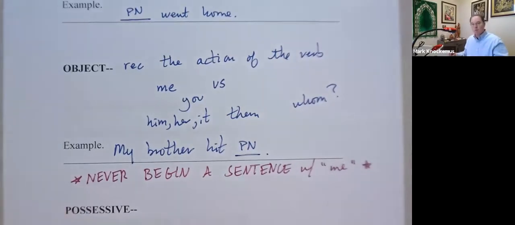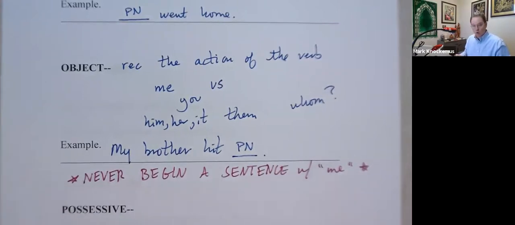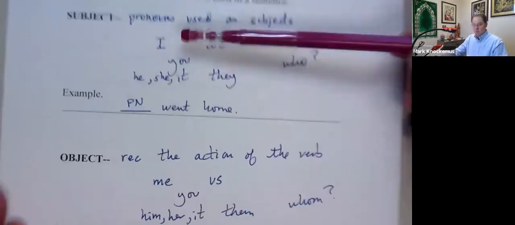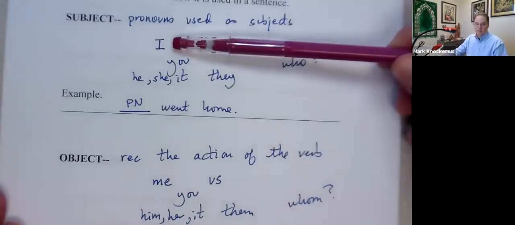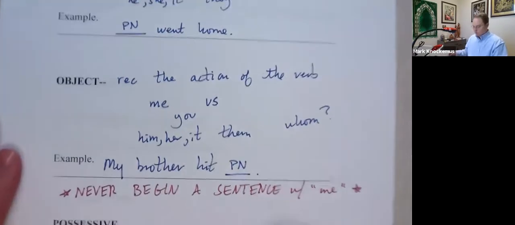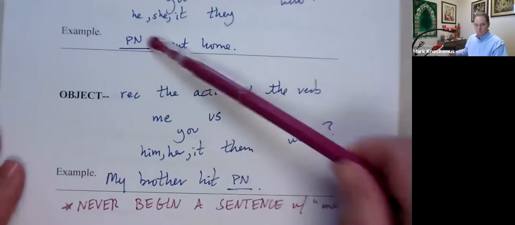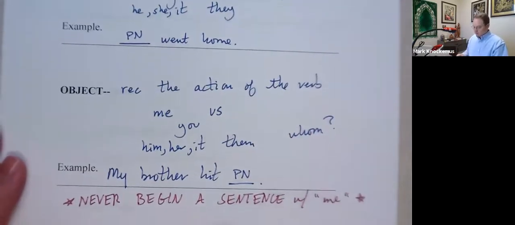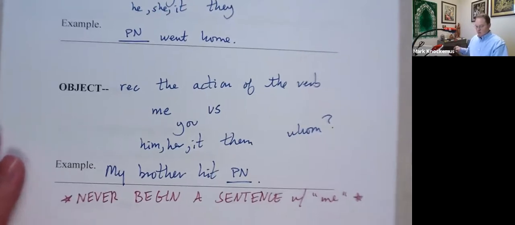It's impossible to have a grammatically correct sentence that begins with the word me. Cannot happen. Right? Exactly right. Because you're setting it up entirely different. Never begin a sentence with me.